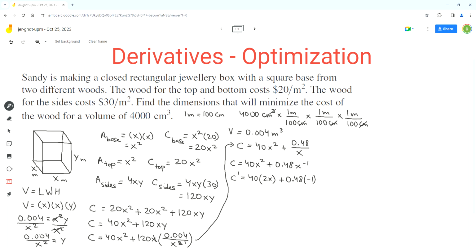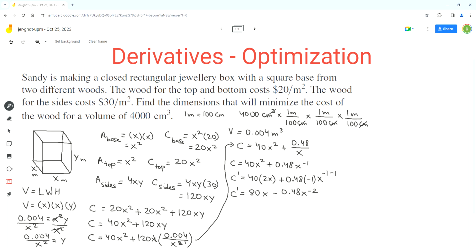We move the exponent to the front and then we subtract 1 from it. So we get c prime equals 80x and then minus 0.48 and then x exponent -2. So 0.48 times -1 is equal to -0.48.